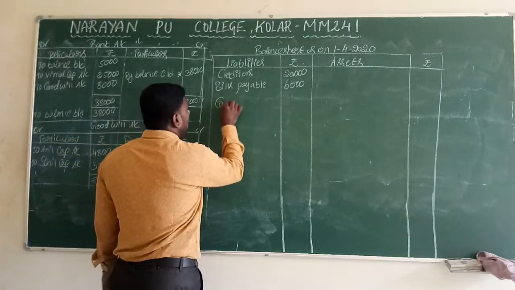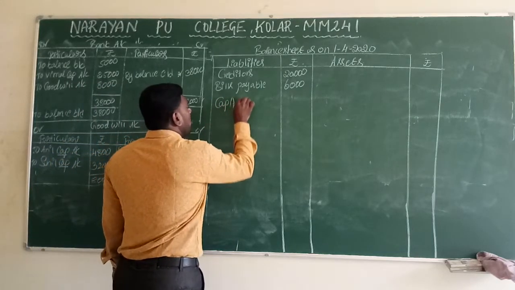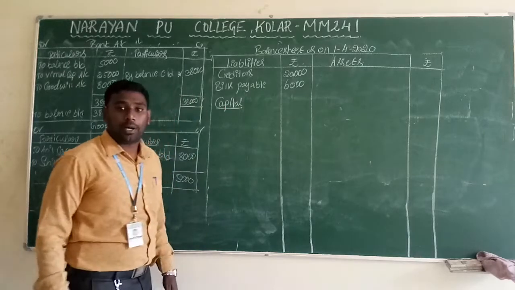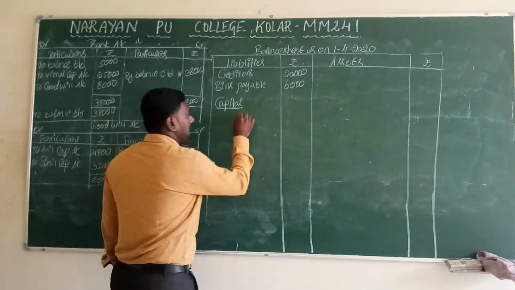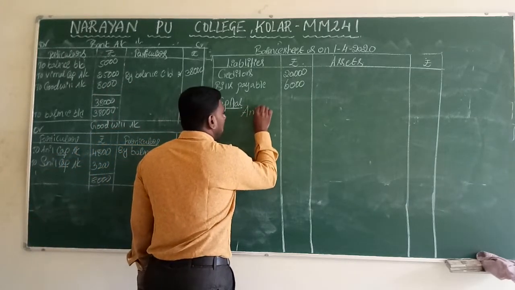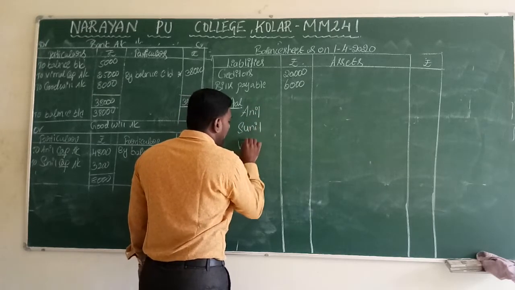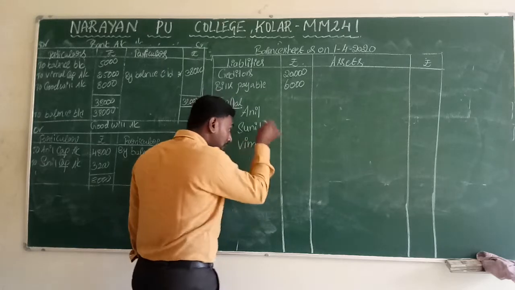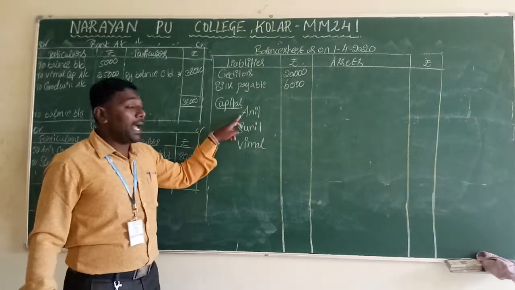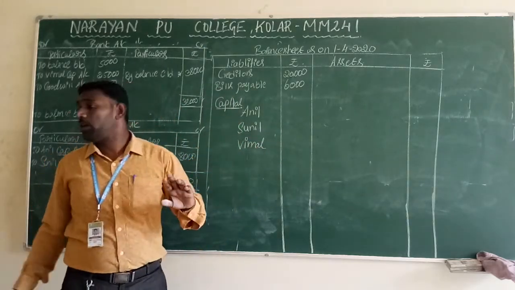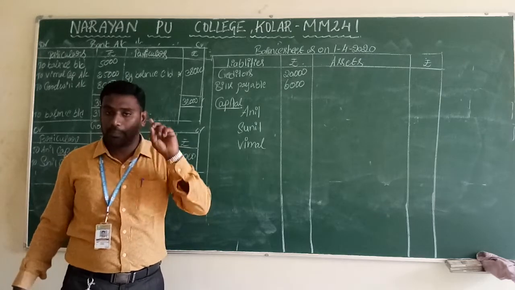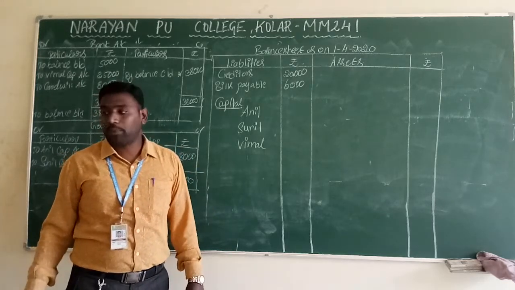Next point, capitals. How many partners are there? Three partners. First partner is Anil, second partner is Sunil, third partner is Vimal, because he has also entered the business now. So Anil's capital balance we have already prepared in account number 2, that is the partners' capital account.